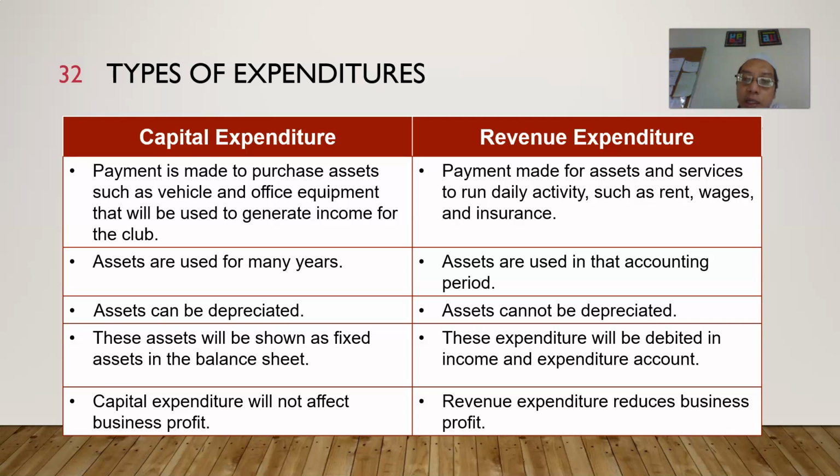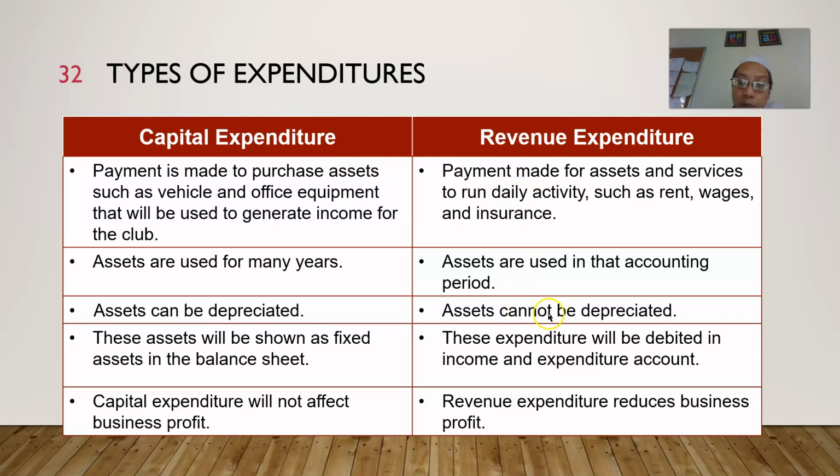It is not running across multiple years, but for a shorter period of time. Assets are used in that accounting period. Any assets that we purchase but are used in the current accounting period are considered revenue expenditure. If those assets are used for multiple years, then that is categorized as capital expenditure.